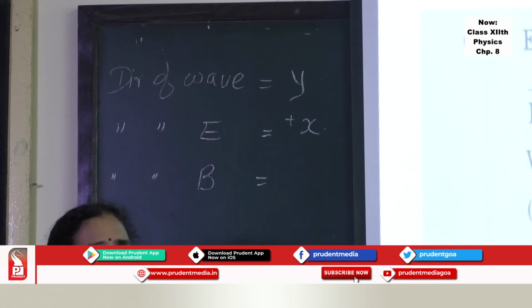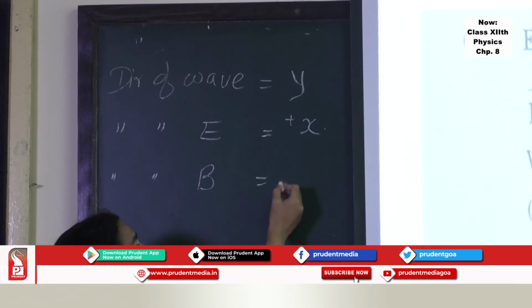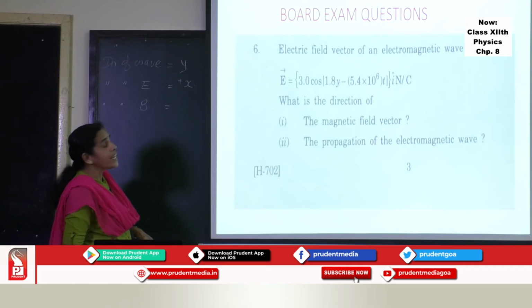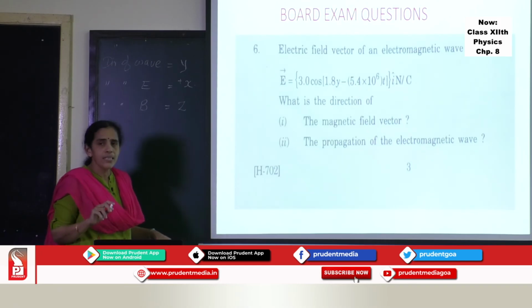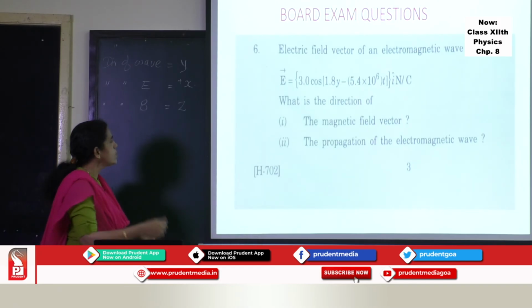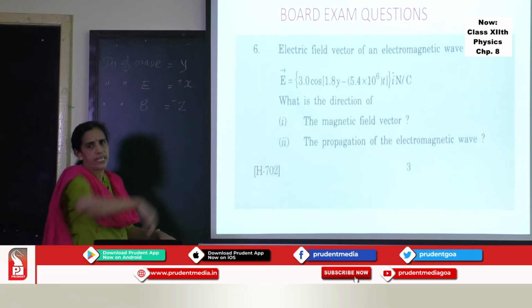We know all three things should be different. Therefore, if propagation is y, E is along x, B has to be along the z axis. But actually that is not there in your syllabus, it will be negative z axis.